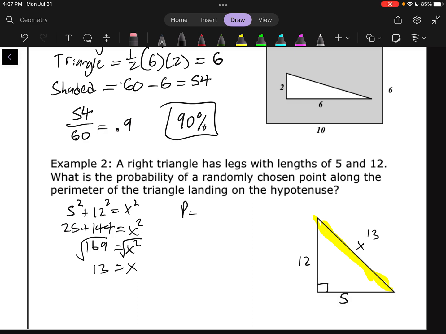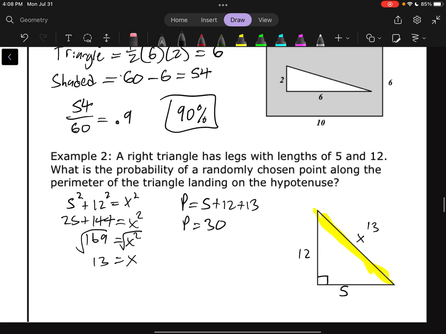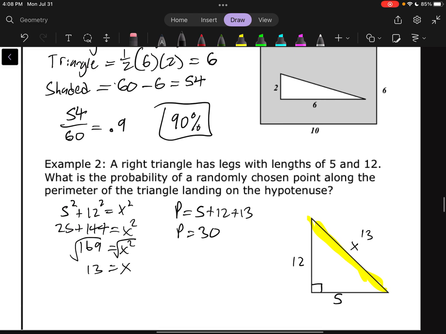Then our perimeter would be the sum of all those sides, right? 5 plus 12 plus 13, which would be, would that be 20? No, I'm sorry, 30. Okay, so then our final probability here would be shaded divided by total. That would be 13. That's our part that we want to land on over the entire thing, which is 30.